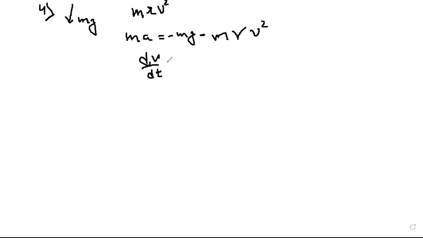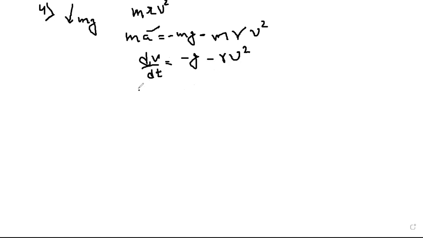So here m is given, m remains common, so we can cancel out the mass. So here minus g and minus γv². M remains constant, so we can cancel the value. Only we solve a. A is equal to dv by dt.